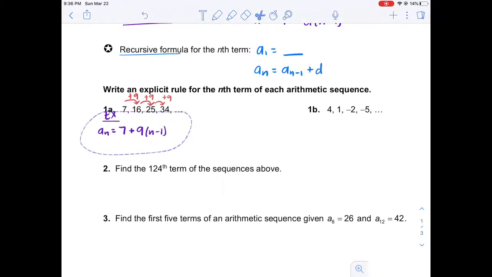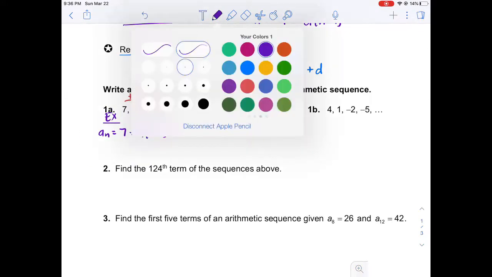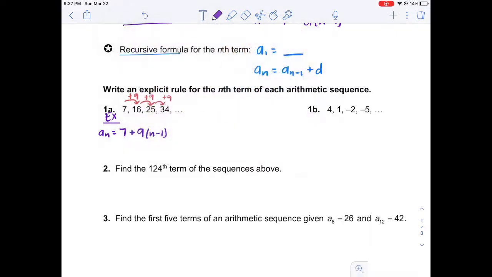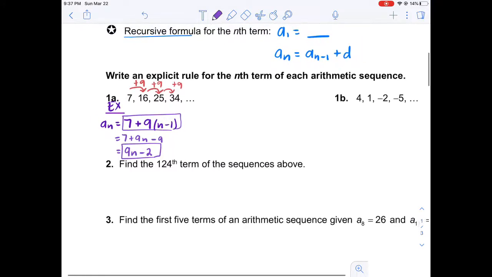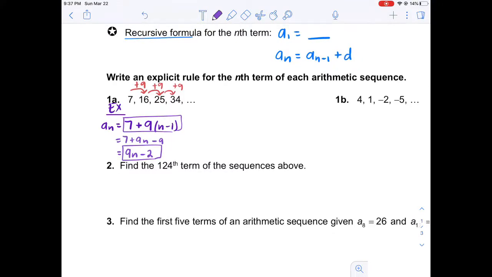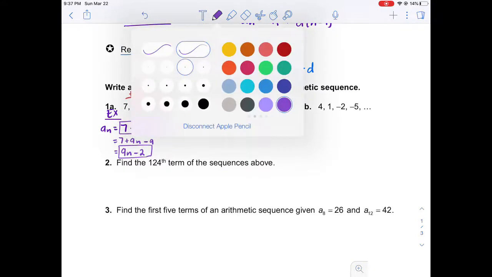Some people will distribute the 9, so they would make this 7 plus 9n minus 9, and then add this together to make 9n minus 2. Either way works, whichever formula you prefer. One combines it a little more simply, but it still is an explicit formula where I could plug in a number and figure out exactly what term I'm on.